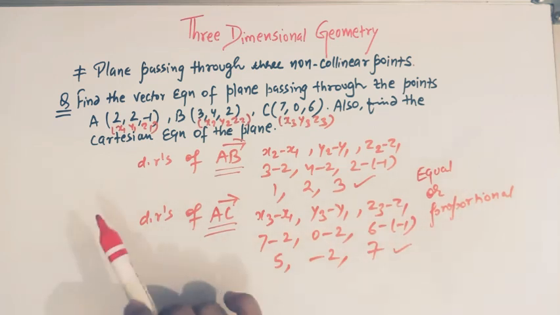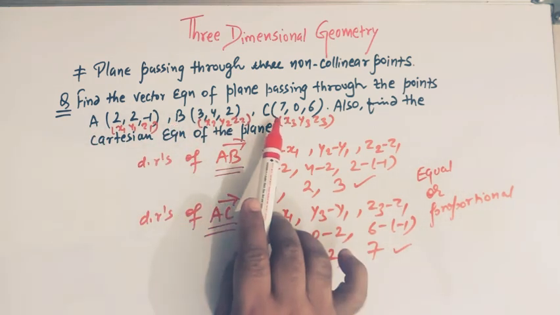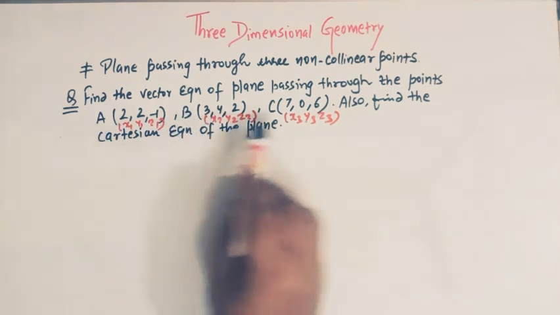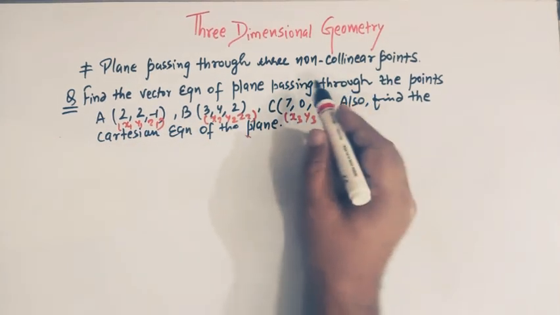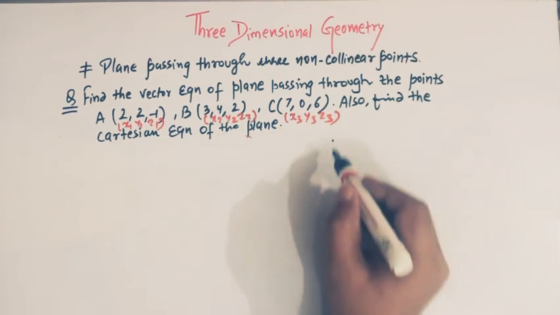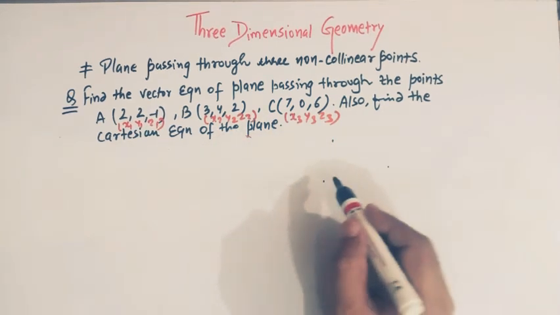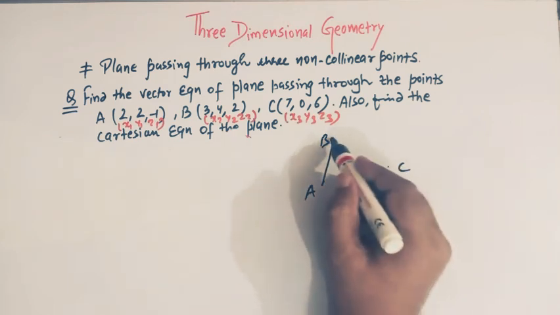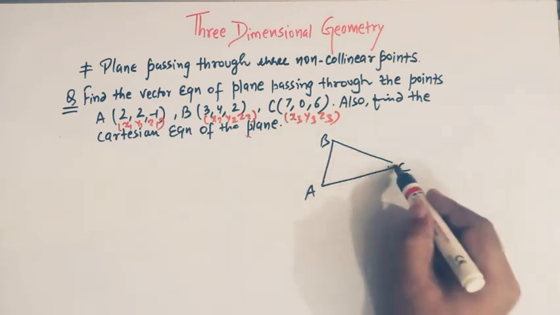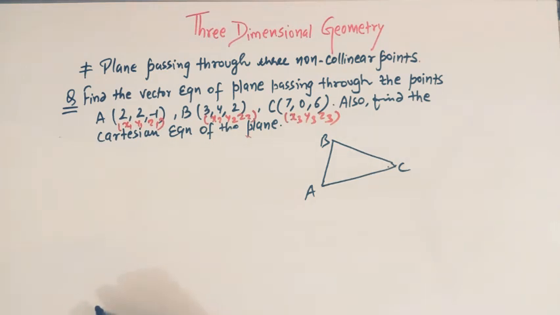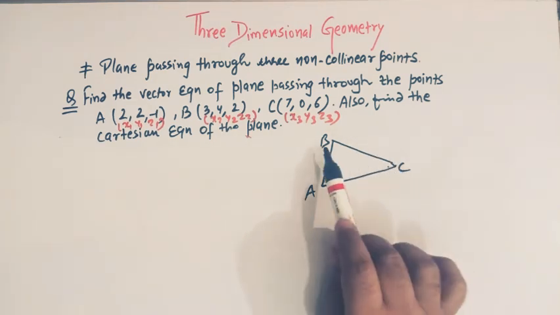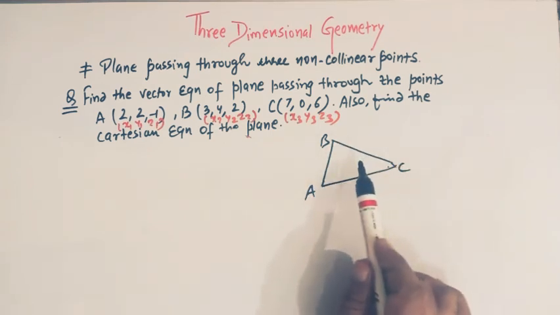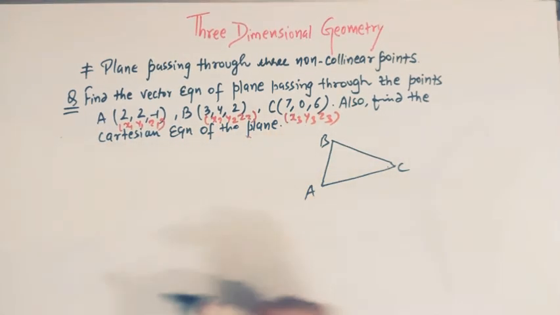So therefore these 3 points are non-collinear. So once we have shown that these 3 points are non-collinear points, it means the points are like this. This is A, this is B, this is C, and this forms a plane, and we have to find the equation of this plane, right? So these 3 points are non-collinear.